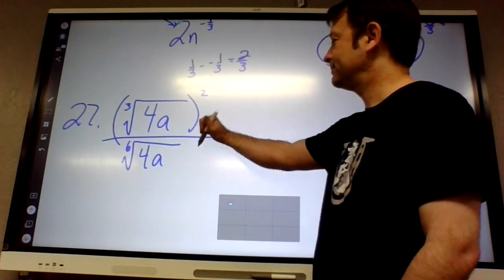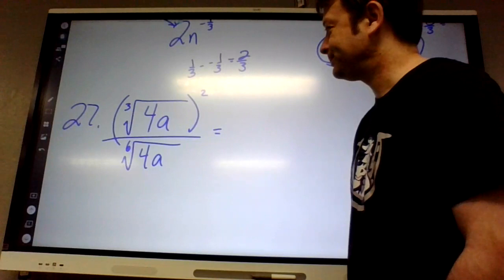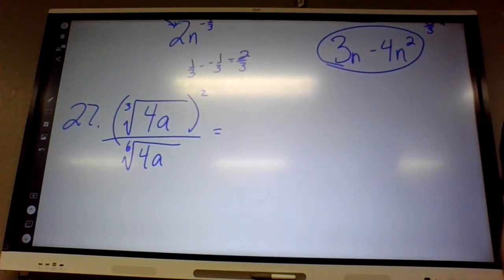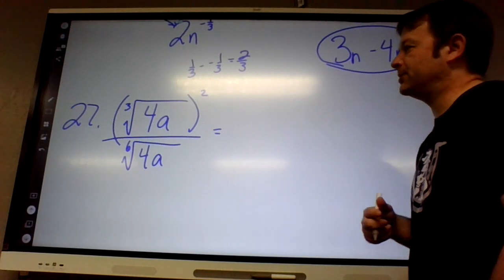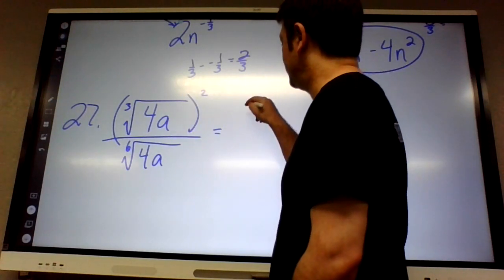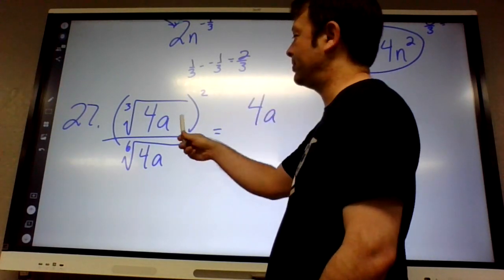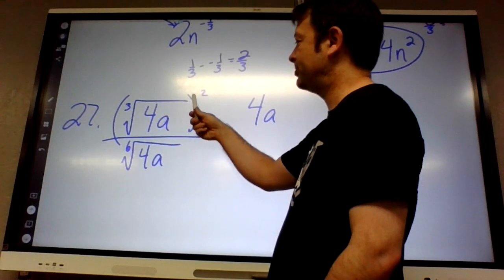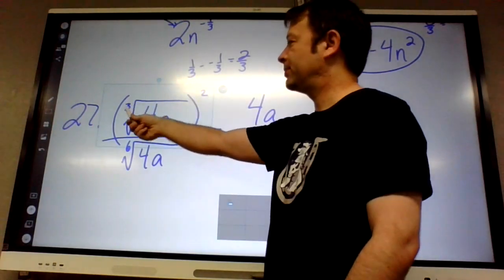Alright, what should we do first? You know what? Probably the easiest way is to change these into rational exponents. So the top would be 4a to the what power? You guys remember this from yesterday? 2/3.